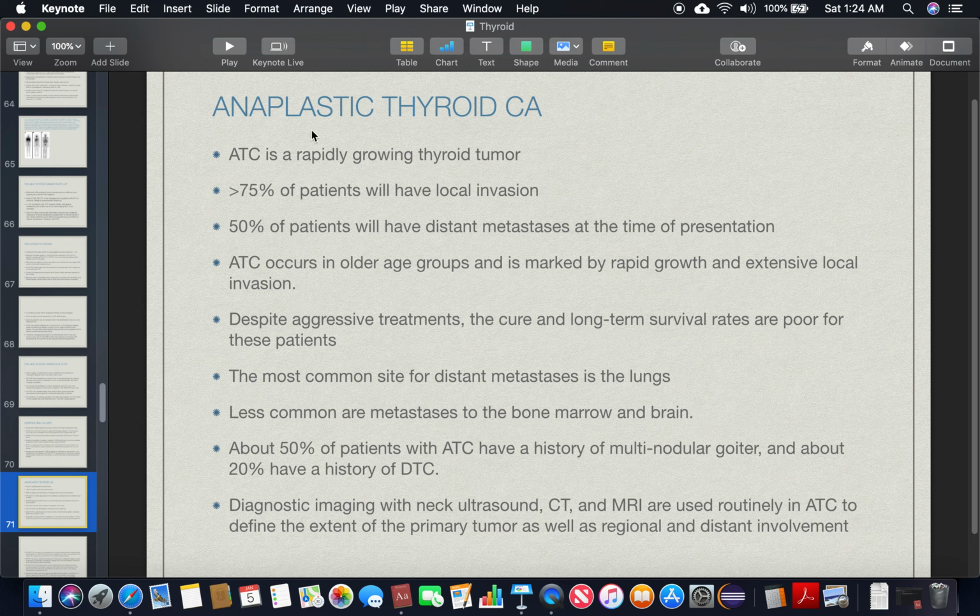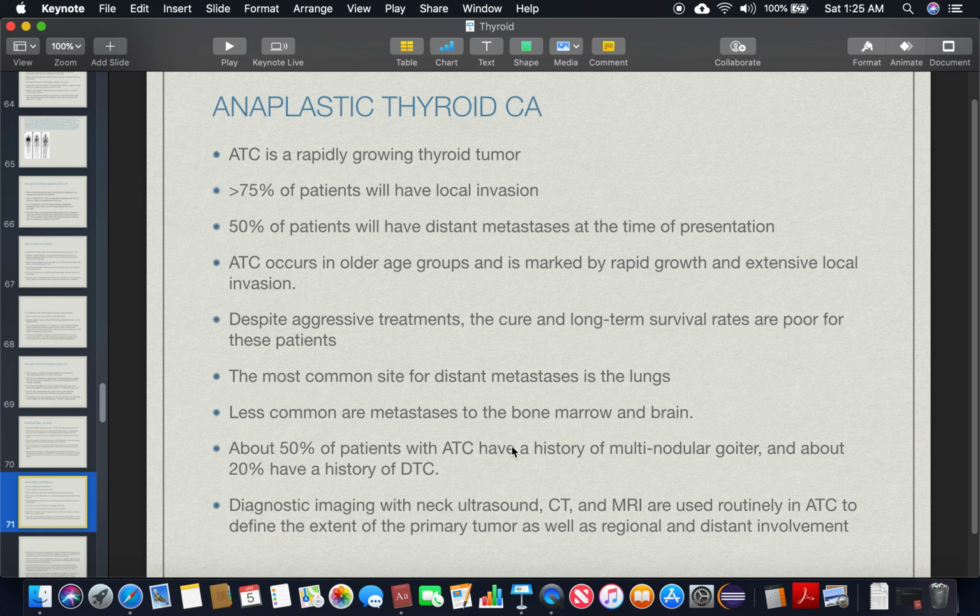Anaplastic thyroid cancer is by definition a de-differentiated, rapidly growing, aggressive tumor with more than 75% having local invasion and 50% having distant metastasis, older age group, faster growth, extensive local invasion, and despite aggressive treatment, poor survival. Most common metastasis is to the lungs, additionally bone marrow, and brain.